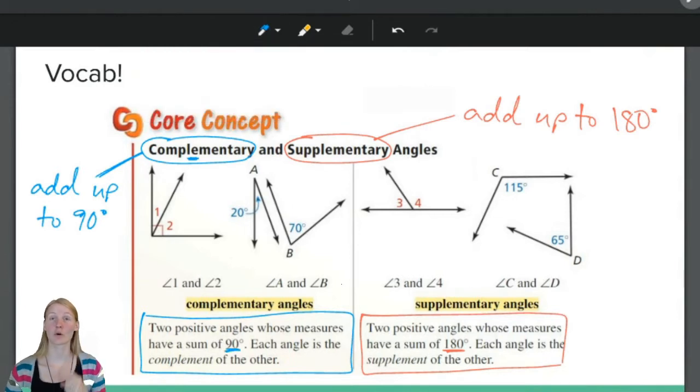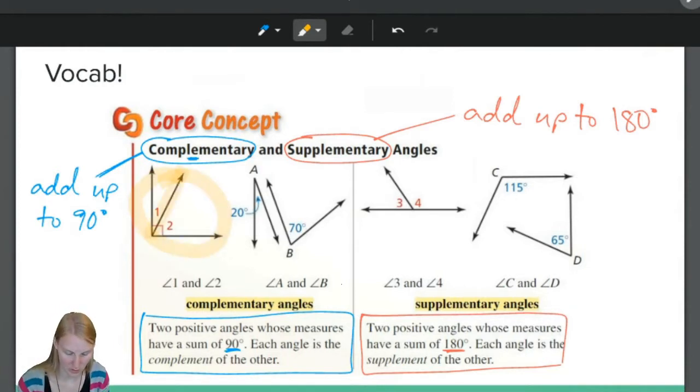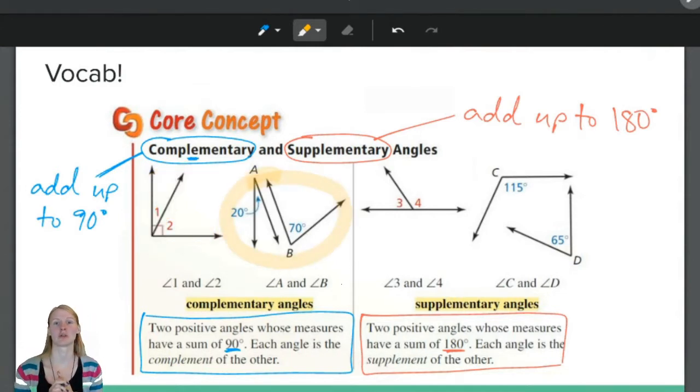Now, one more thing I want to say. These can be right next to each other. See how in this picture, the angles are right next to each other. They share this side right here. These angles are still complementary even though they're not right next to each other, because 20 plus 70 is 90. So they don't need to be right next to each other in order to be complementary.